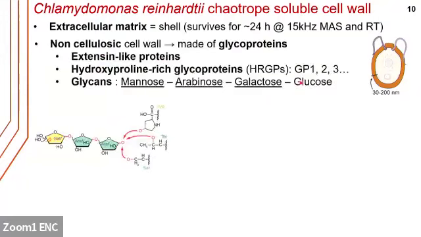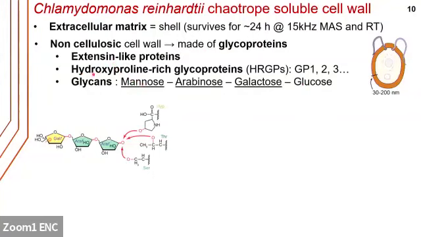This cell wall is a non-cellulosic cell wall, making a clear difference with plants that are mostly cellulose based, but instead it's made of glycoproteins. Even if it's not made of cellulose, it's still interesting to compare this cell wall with plants because those proteins have been reported to be extensin related, and extensins are very important, for example, for growing plants.